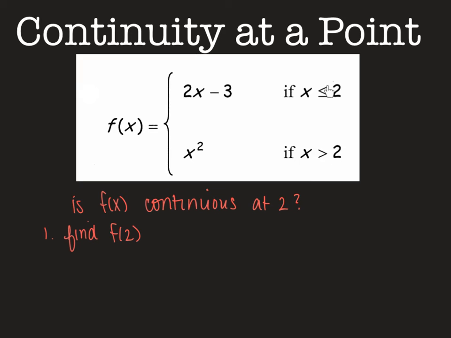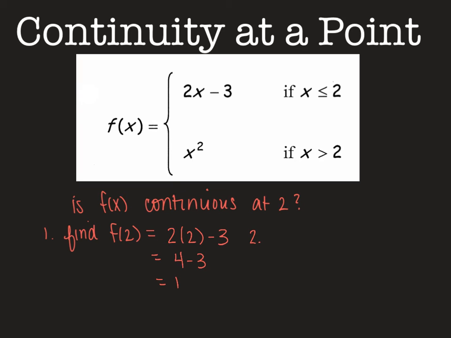My top piece is for values less than 2 or equal. So we are plugging in 2, so we're going to be using the first piece of our function up top. So we're going to find f of 2, that means we're going to plug it in. We're going to have 2 times 2 minus 3, which is 4 minus 3, which is 1. So f of 2 is 1.